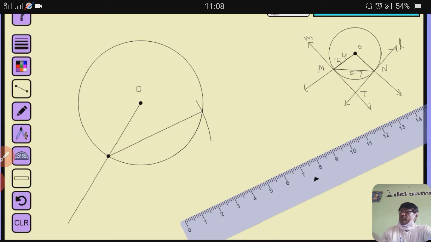Use the center of the circle and draw tangents at points M and N. Draw rays OM and ON.